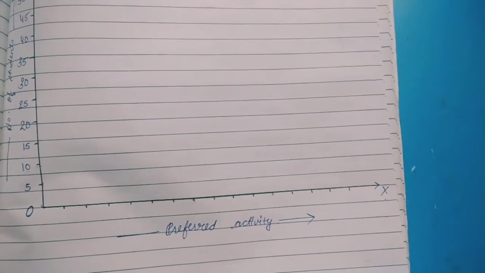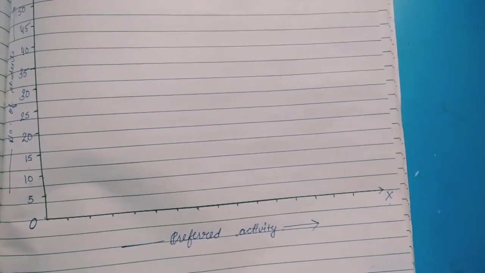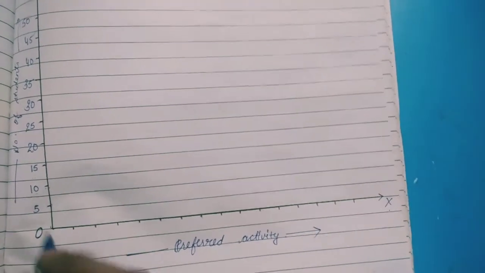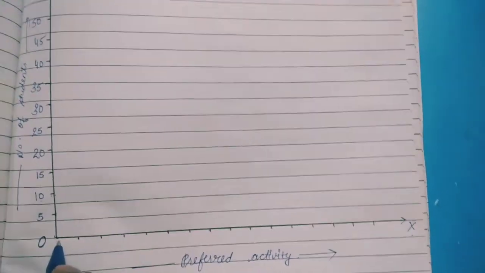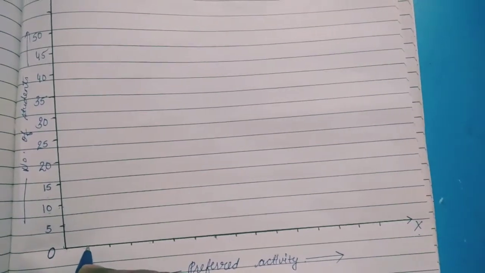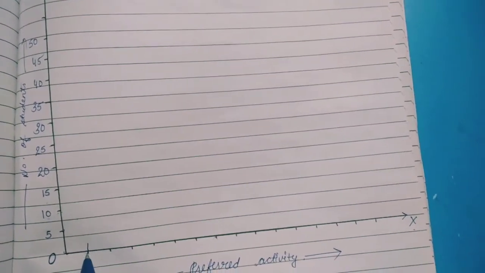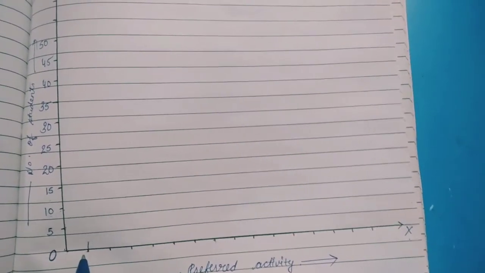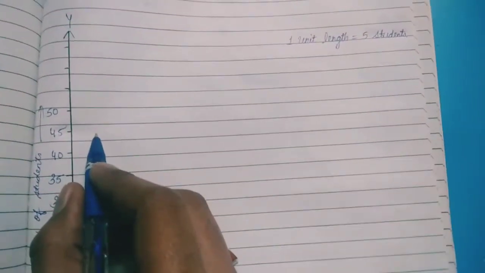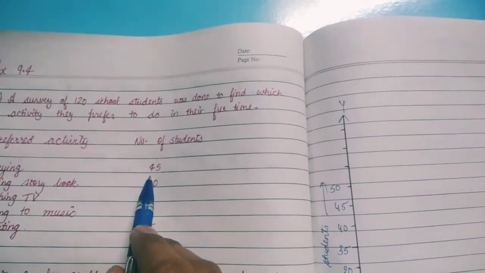The first preferred activity is playing, and 45 students chose playing. First of all we will leave this width and draw one vertical line from the x-axis to 45. Here is 45, because playing is chosen by 45 students.